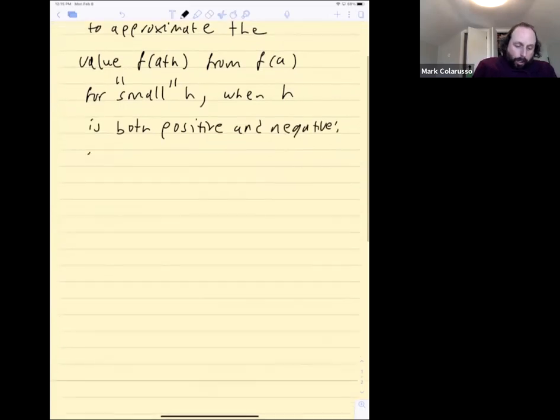And the formula we have for this is a little bit more general version of formula star. It's that f of a plus h is approximately f prime of a times h plus f of a.